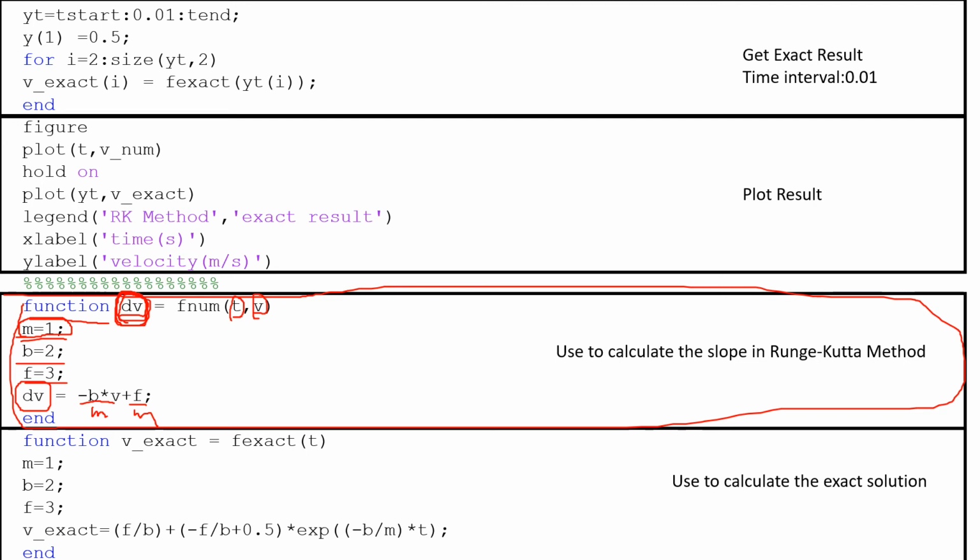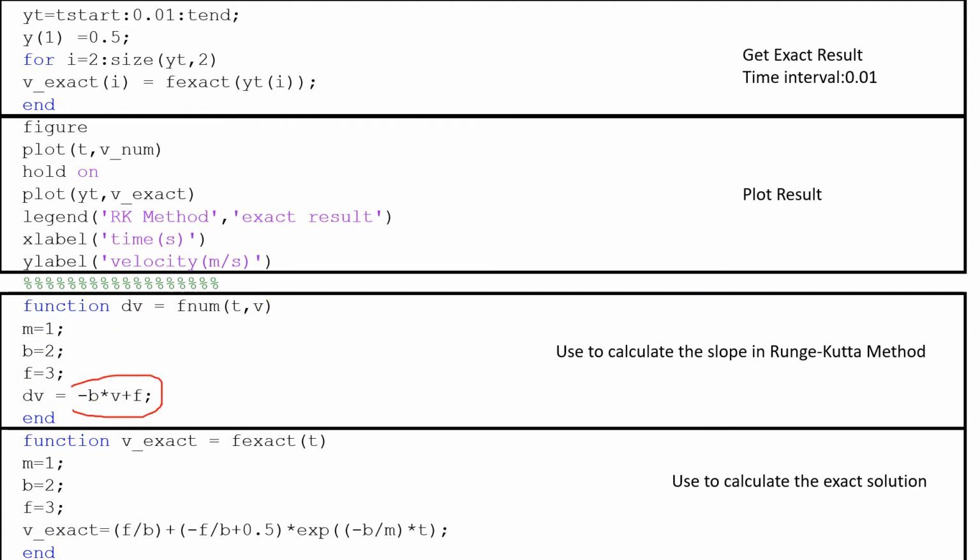Maybe I can modify it directly, but it's a code. Remember this code is a little wrong here. The equation should be negative b over m, because our equation is this one, f over m.